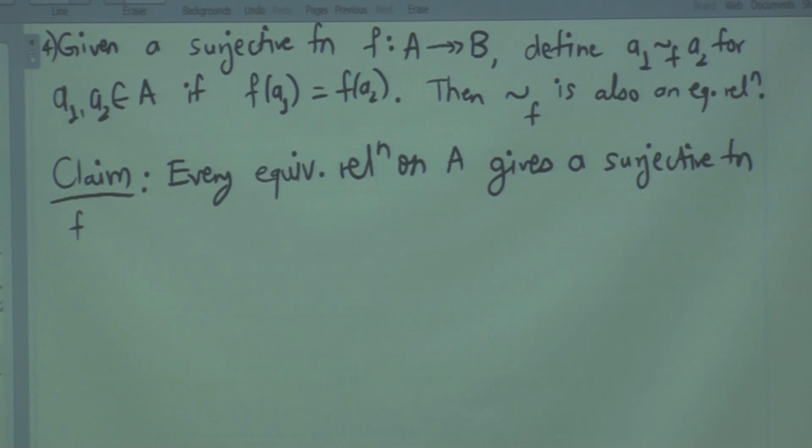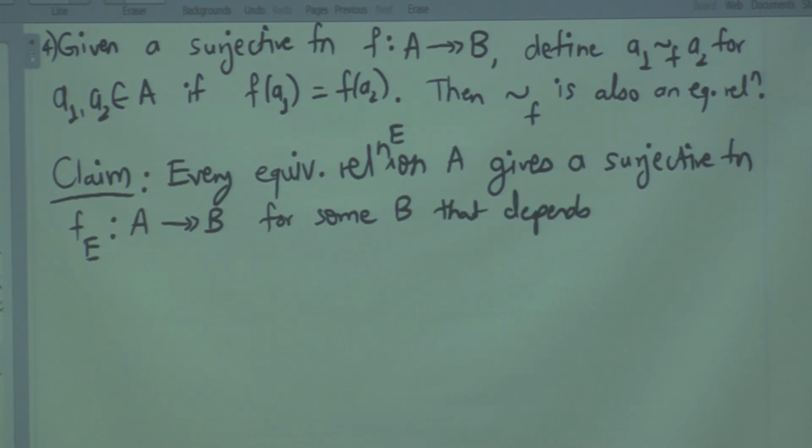Every equivalence relation, let me label it E, gives a surjective function f from A to some B, for some B that depends on E. What is this B?